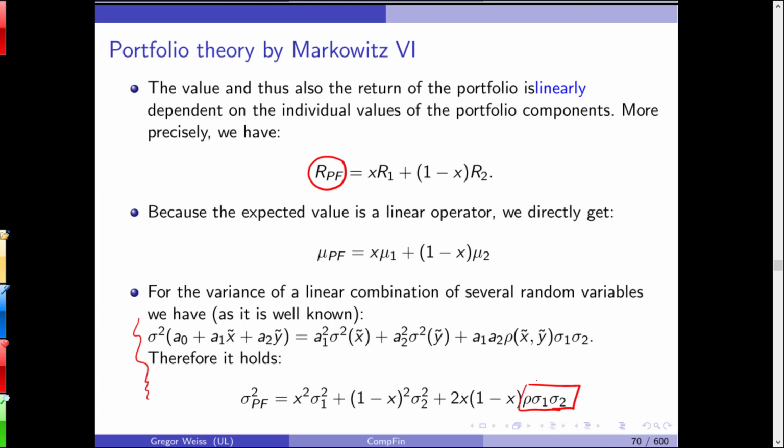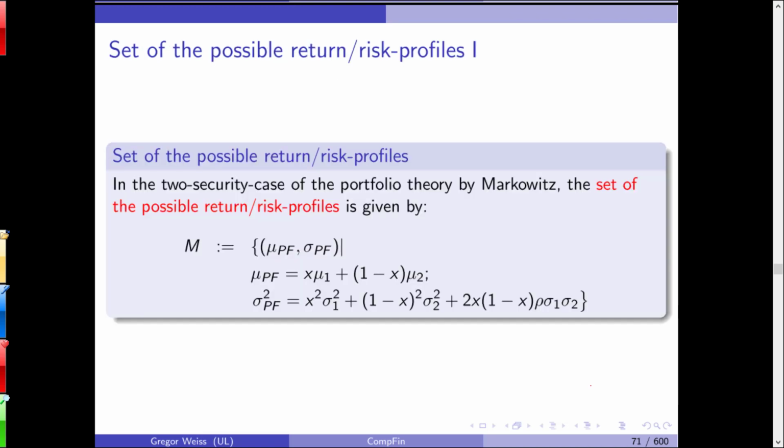So here you have the covariance between R1 and R2. So that's the portfolio variance. Now the set of all possible return risk profiles is given by the set M of these different combinations of mu PF and sigma PF.